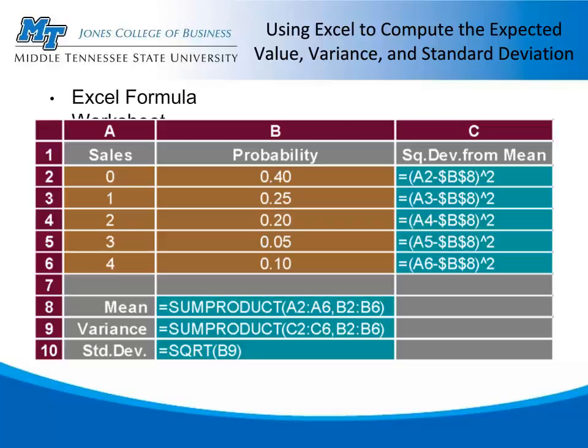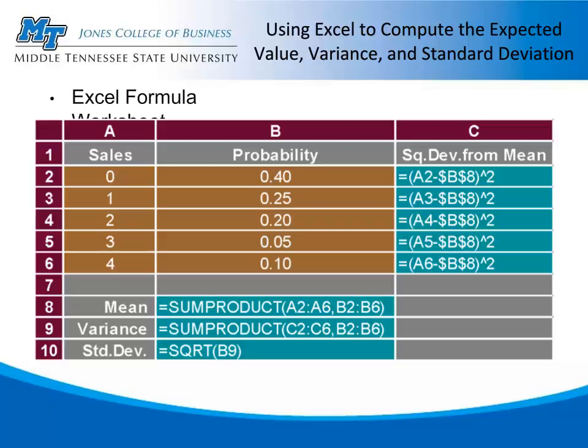You square it. Now those dollar signs on B8 make that an absolute reference. And if you do it that way, you can just copy that formula and paste it in the cells below it, and it will automatically populate them to do all those calculations very quickly.